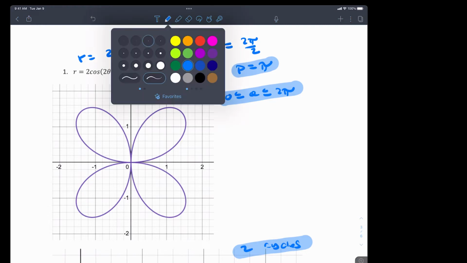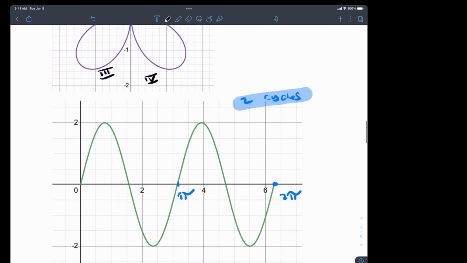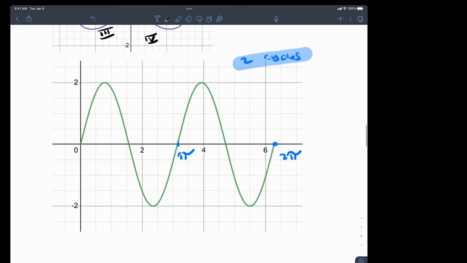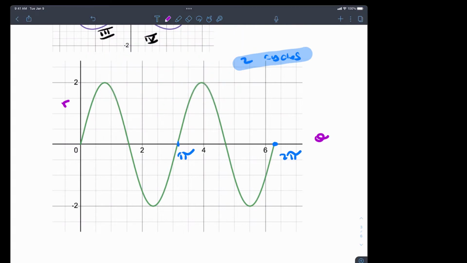We need to graph what's going on in quadrant 1, quadrant 2, quadrant 3, quadrant 4. So this is why you have 2 cycles here. And that's going to be r, theta here, just like before. But let's identify what everything is now. Yes, I'll change my color.